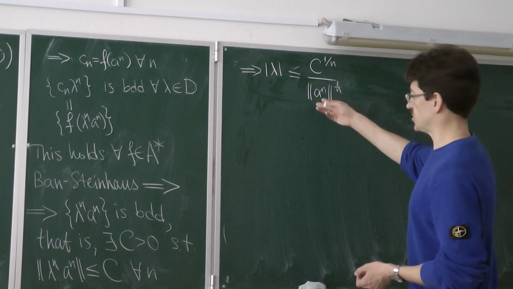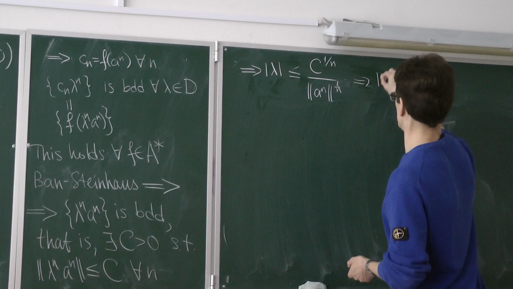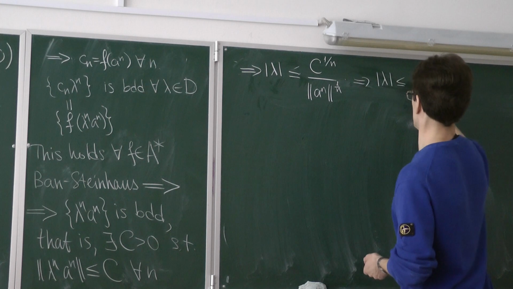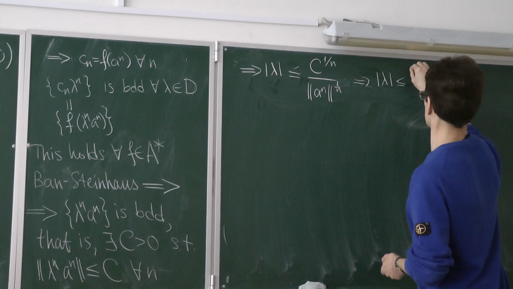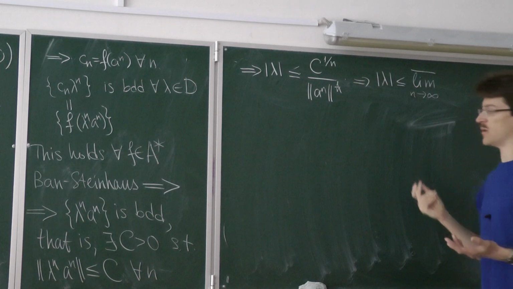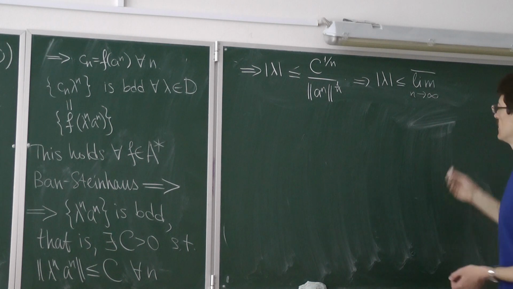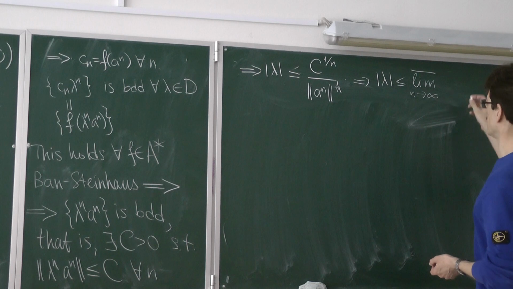Well, this holds for each n, so we can now take the upper limit and conclude that the modulus of lambda is less than or equal to the upper limit of what? C to the power 1 over n goes to 1. Whatever C is, this goes to 1.